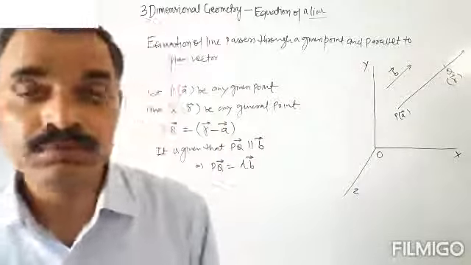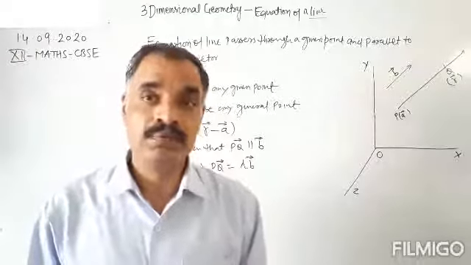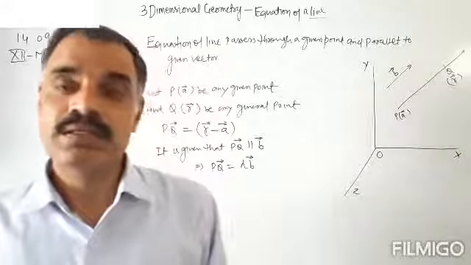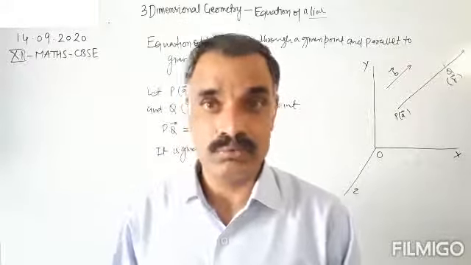This is the condition of parallelism of two vectors: two vectors a vector and b vector are parallel if a vector equals lambda b vector or b vector equals lambda a vector.